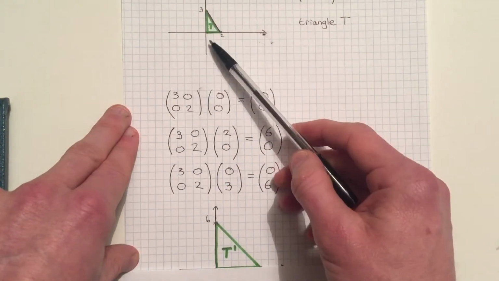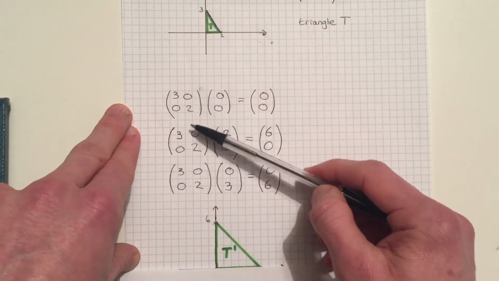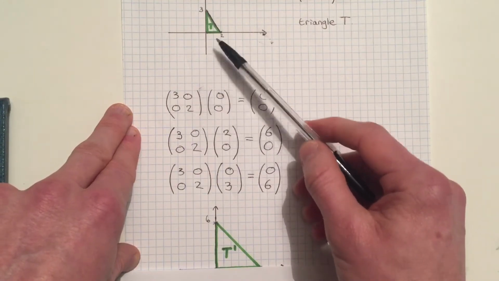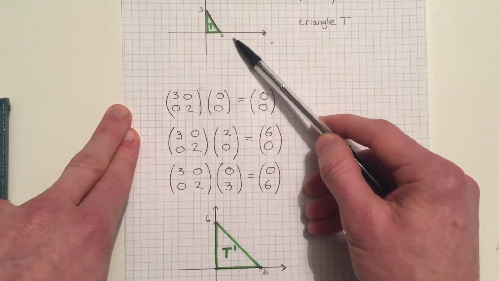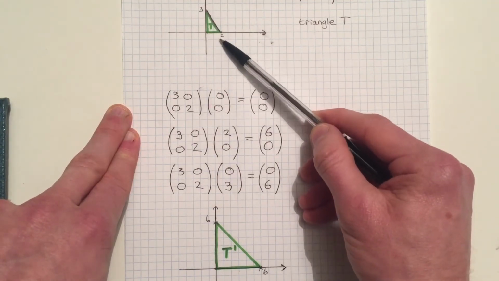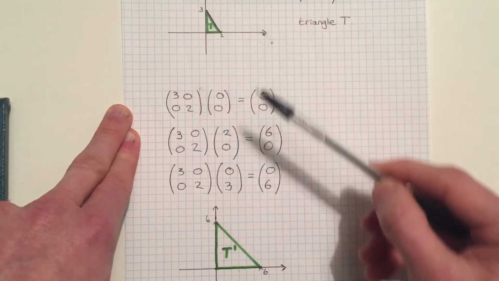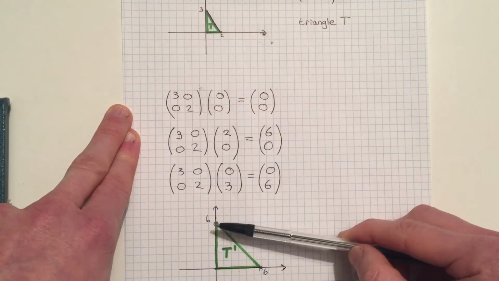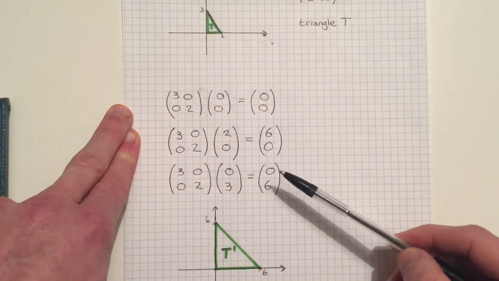We can see here that what this matrix represents is the transformation where the x coordinate has been stretched by a scale factor of 3. See how in the x direction this triangle has been stretched by a scale factor of 3, and it's been stretched by a scale factor of only 2 in the y direction.